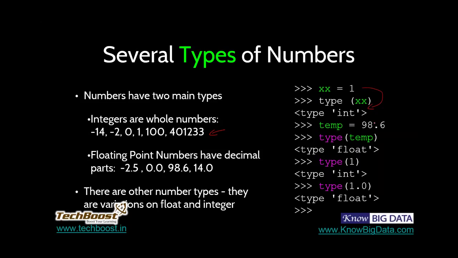We have another variable temp which holds the value 98.6. When we try to get the type of temp, we get float. So float is another type of number, and float represents the decimal values also. 1 is again an integer, 1.0 is a float. Alright.